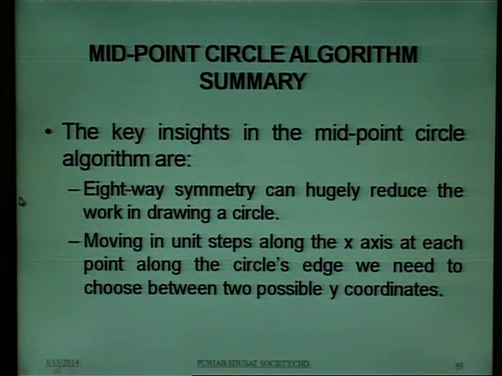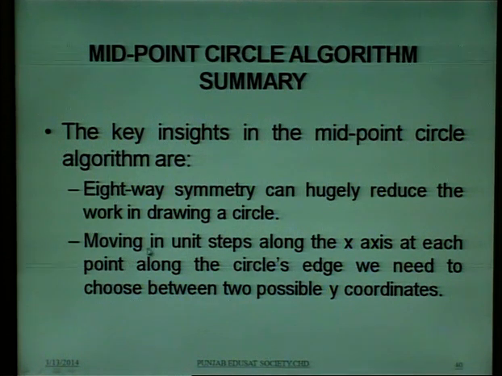So, the summary of the midpoint circle algorithm, what we have gone through, is the key insight. The midpoint circle algorithm uses 8-way symmetry. It can be used to reduce the work in drawing a circle. When we use the 8-way symmetry method to draw the circle, a lot of work can be reduced.